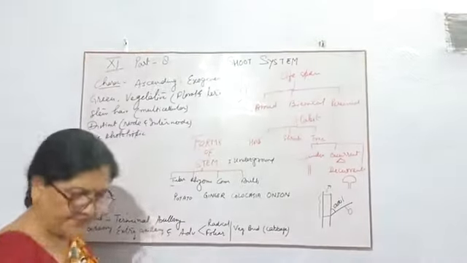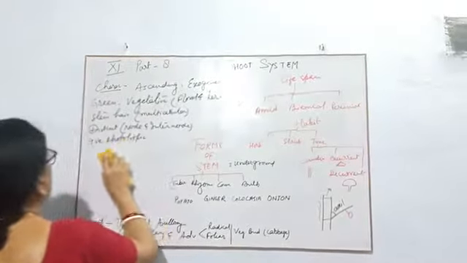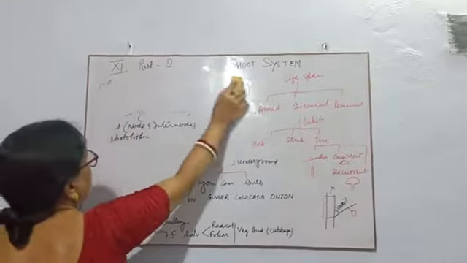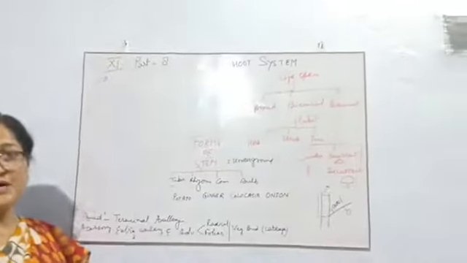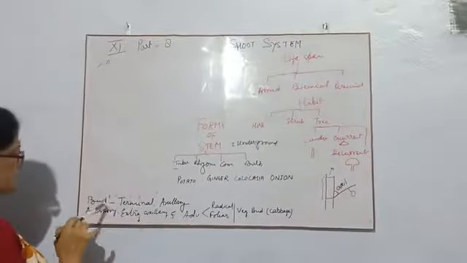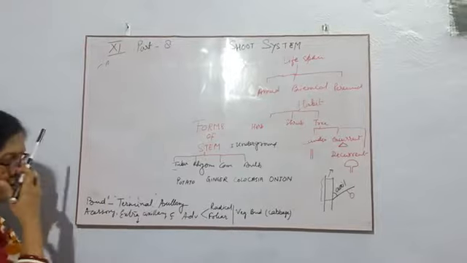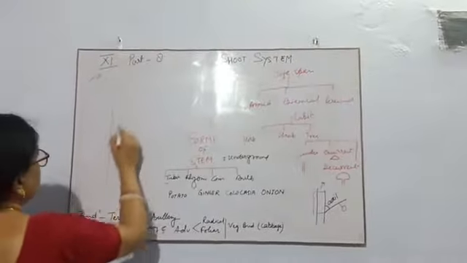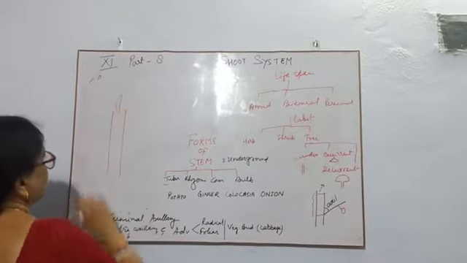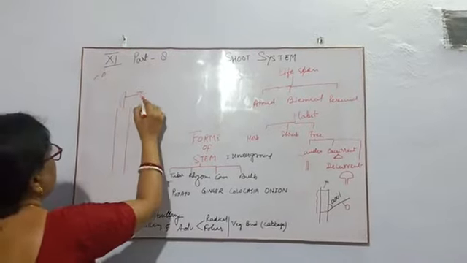Now children, I will go through the types of buds present on the stem. If the bud is present at the top, then this is known as terminal bud.